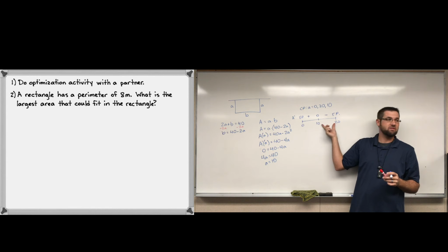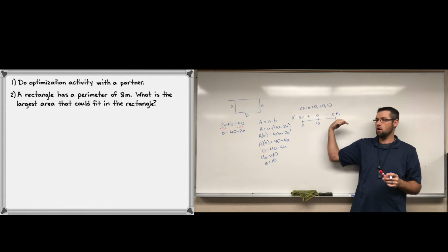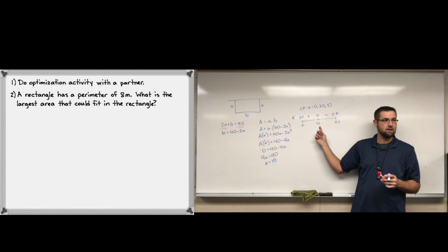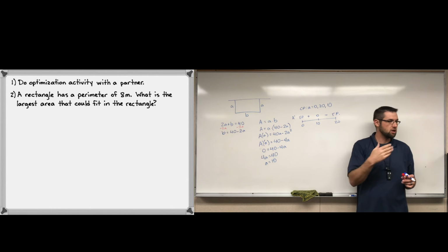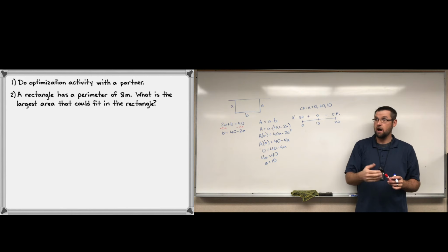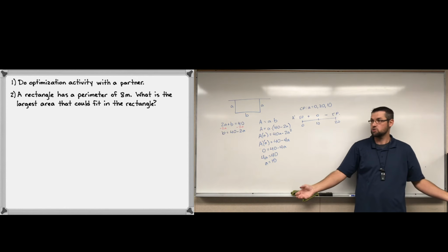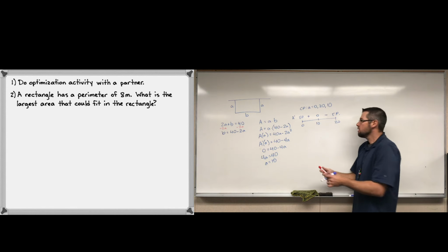And then since the derivative is negative in this domain, that means the function is decreasing. Oh, that would make 10 a maximum. What's that make? 0. A minimum. And what's that make? 20. And if you look at your parabola, does that make sense? The highest point was at 10 and the lowest points were at 0 and 20, right?